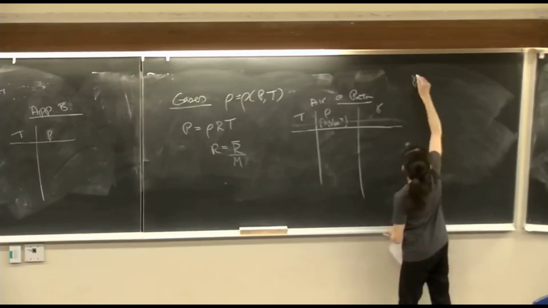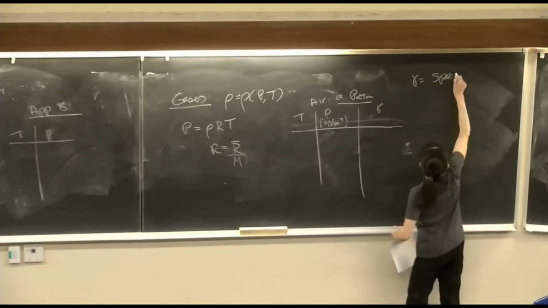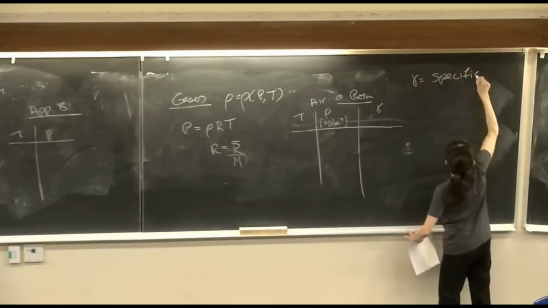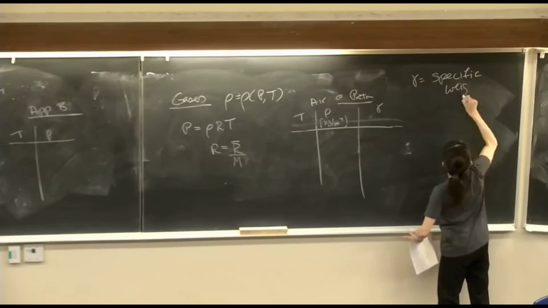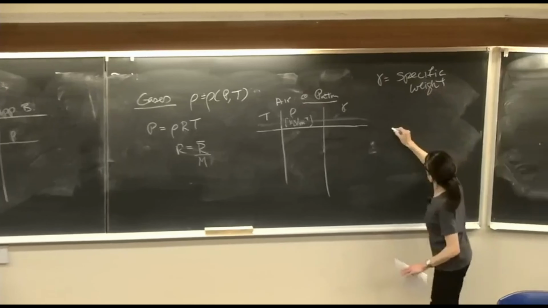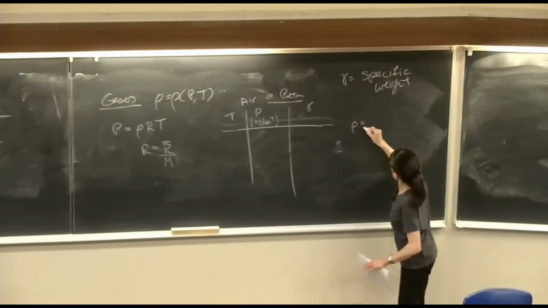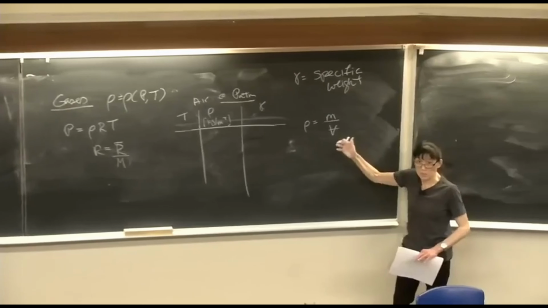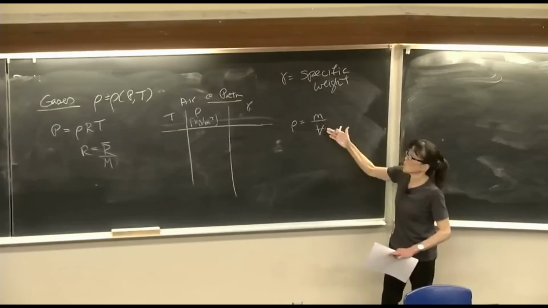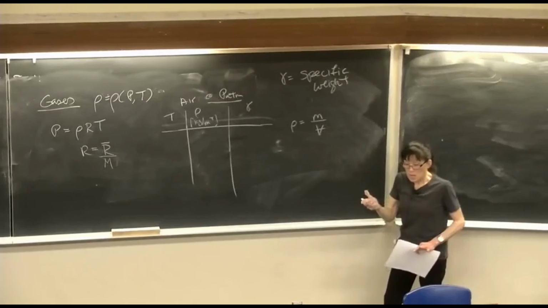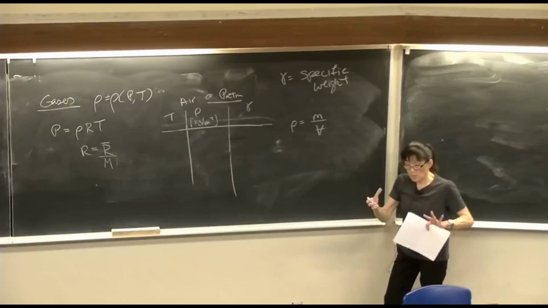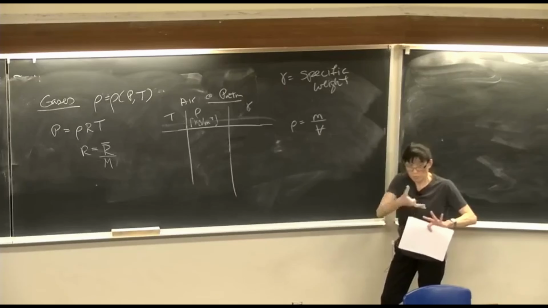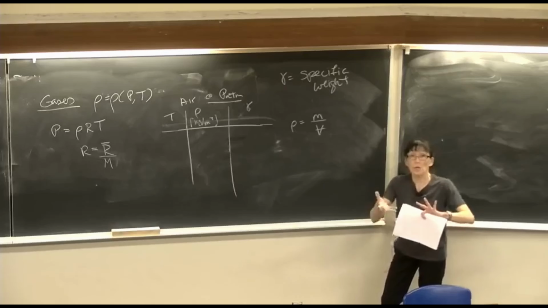So gamma is referred to as specific weight. Okay, so the density is mass per unit volume. So it's almost like a specific mass per unit volume. Whereas if you have a solid, you characterize the mass of the solid object with mass.